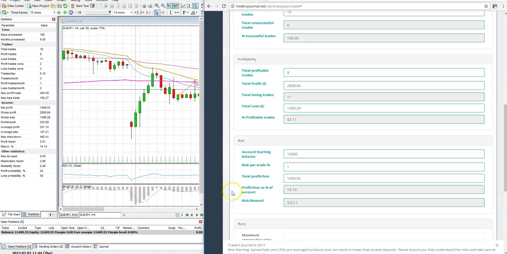Okay, so down here we've got a couple of really interesting calculations actually. Profit and loss as a percentage of the account. So in 6 months we've made 14.1% profit. As I said, that means over 12 months, 28%, not quite 30% as I suggested, but 28.2% per year based on this backtesting.